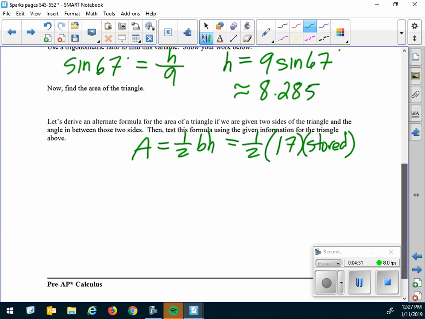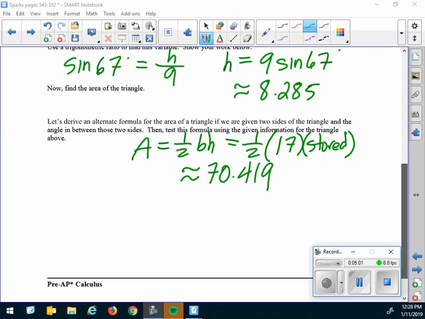So do 1/2 times the base times the height. Yep. So the area is about 70.419. Now we would say square units, but we don't know what unit, so you don't have to put anything if you are not given a unit.